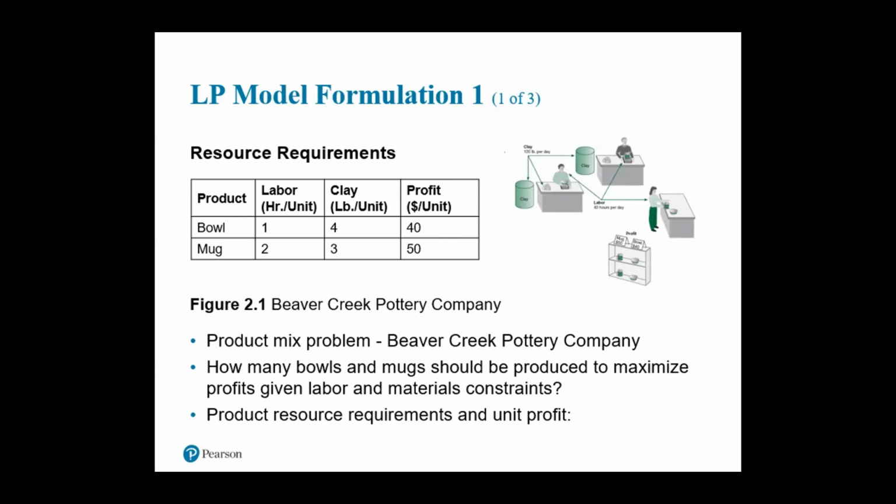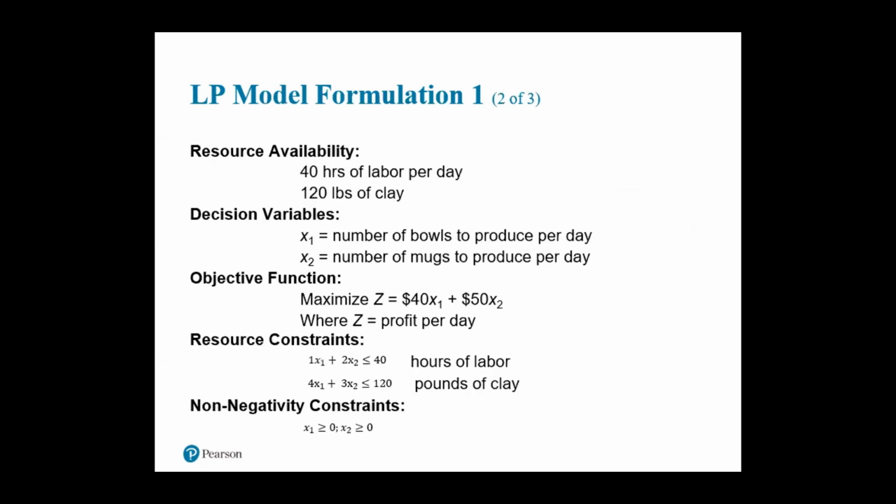Plus, we need 2 hours to make 1 mark. So 2 hours times X2. But we have a resource constraint. The maximum hours that we can afford is 40 hours.